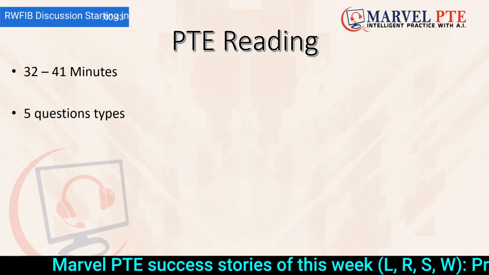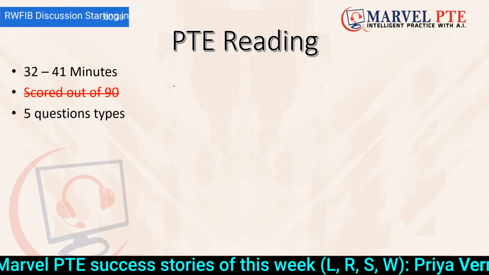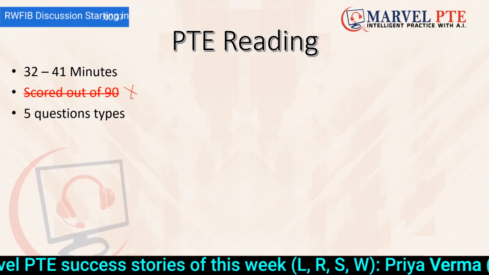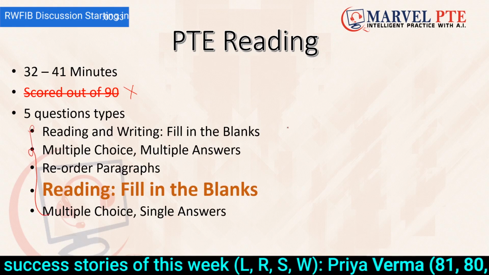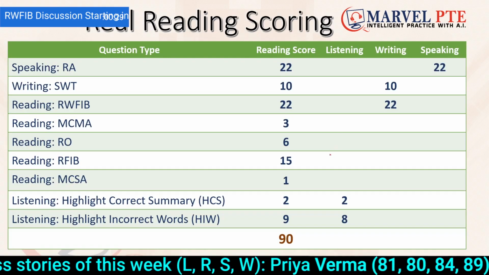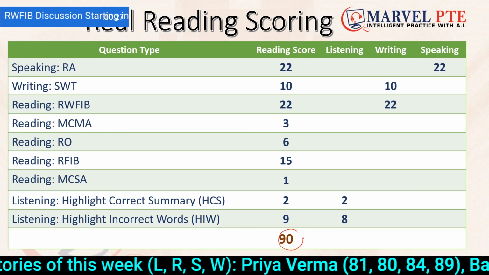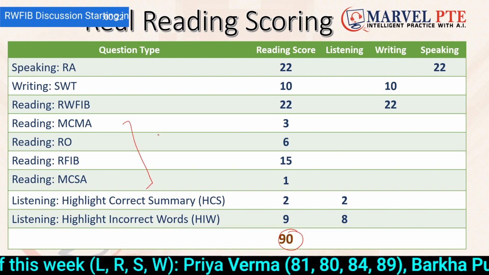Coming to the PTE reading, it is of 32 to 41 minutes and it has 5 question types. And one thing I want to tell is that it is not scored out of 90 and the question orders are fixed for reading now, and today's topic is reading filling the blanks. This is the real scoring for reading, and you can see how the 90 sums up. For the PTE reading, the reading module hardly contributes 47 marks.